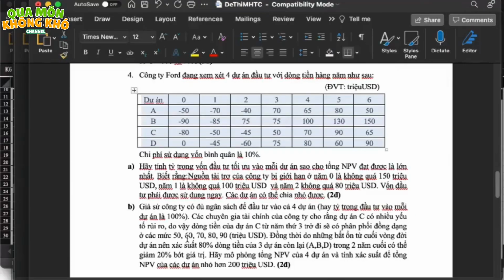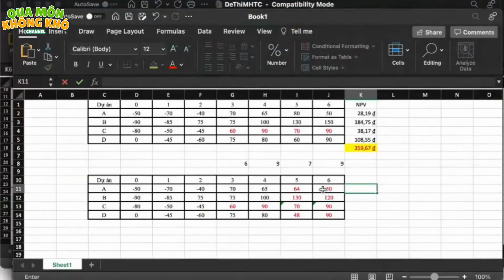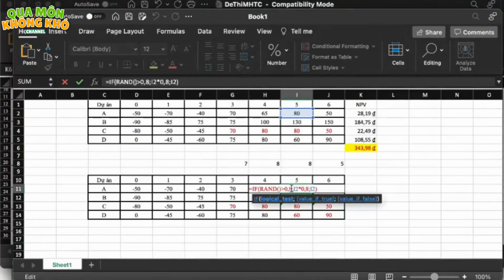I got your idea. Sorry, yes, you're right. Because I said there is an 80% probability that the project from ABD will reduce 20% in value, I have to correct this to 0.2. So if the random number you create is more than 0.2, this is an 80% probability.